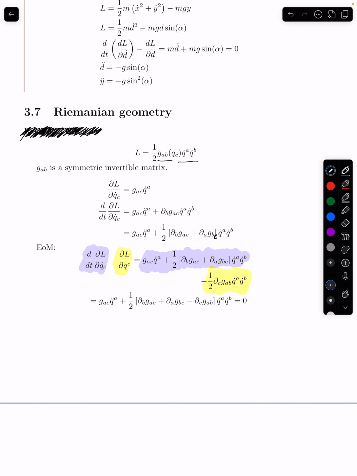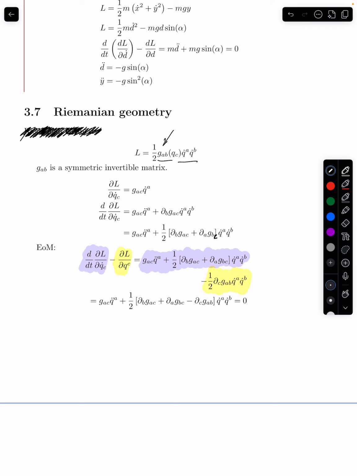And in a sense, we had already this type of Lagrangian before, right? Whenever we transform our Cartesian system to polar or spherical coordinates, we also actually have this non-trivial matrix.